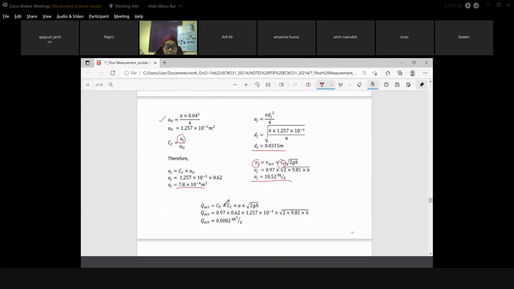Okay, and then for Q actual, we have to calculate CD first: CV times CC, and then multiplied by the area. Which area is it? Earlier I said, is the actual measurement of Q at the jet or at the orifice? This is the area of the orifice. Okay, so finally you can get the Q actual.